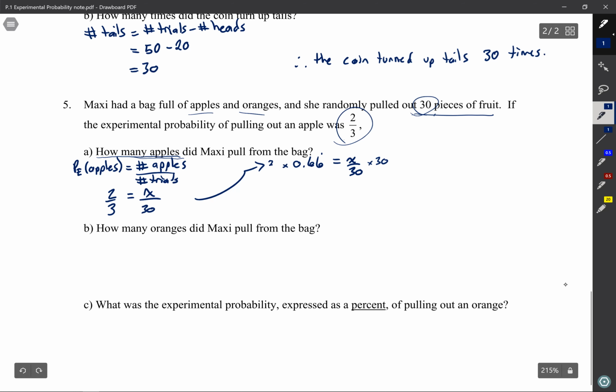If I do it to the right, I need to do it to the left. These cancel out, bringing me 30 times 0.66, which is 20, if I put that into my calculator. So therefore, Maxie pulled 20 apples from the bag.